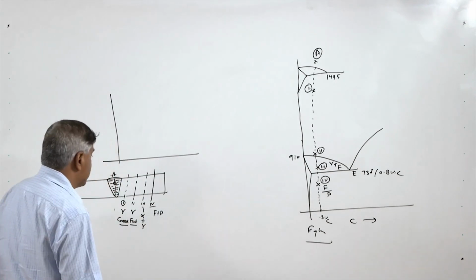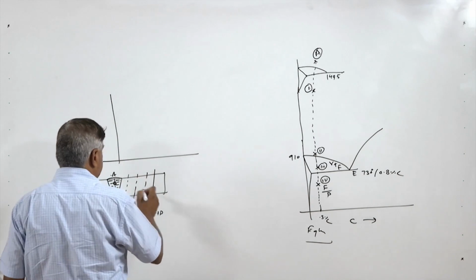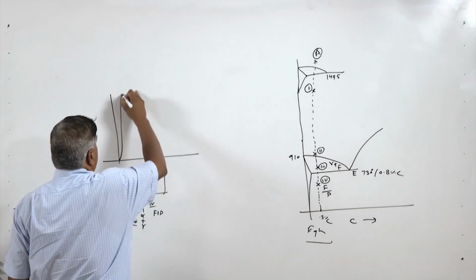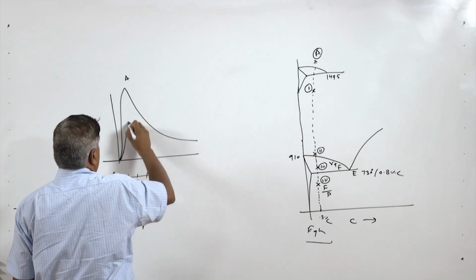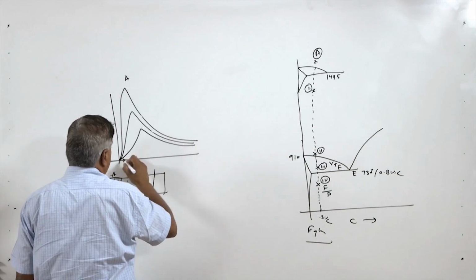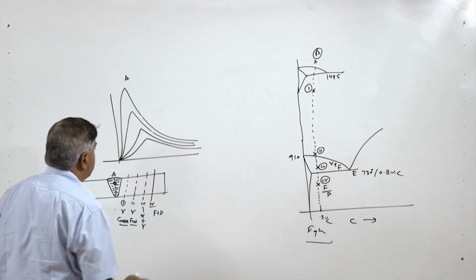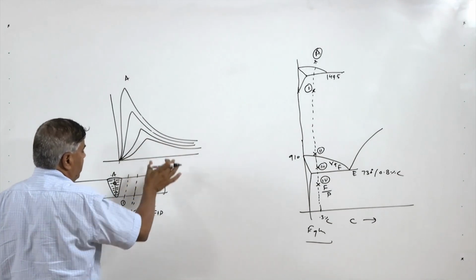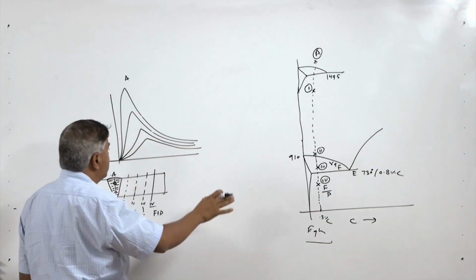But during welding, the weld thermal cycles experienced at the different points are completely different, like this is say for point 1, then for point 2, point 3 and like this. So the peak temperature is reducing, holding time is shorter, heating rate is reducing, cooling rate is reducing.